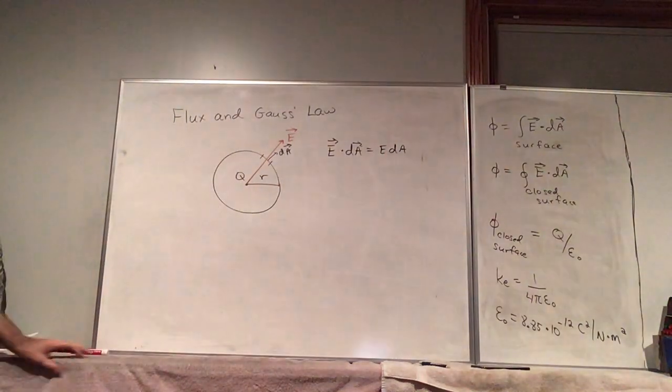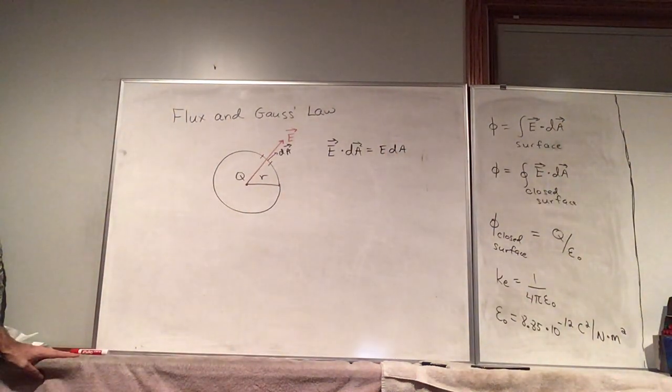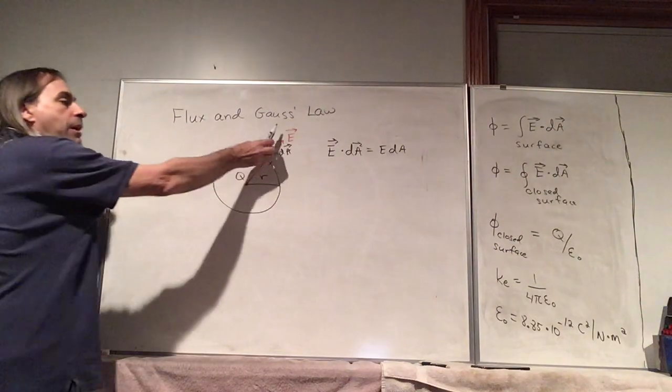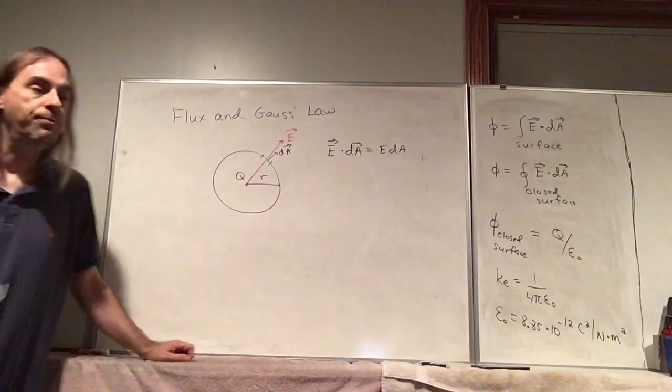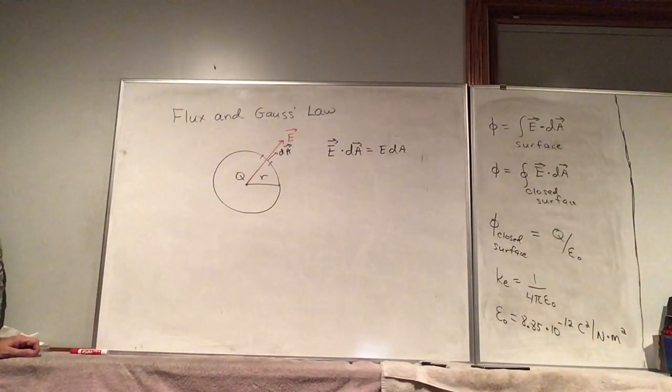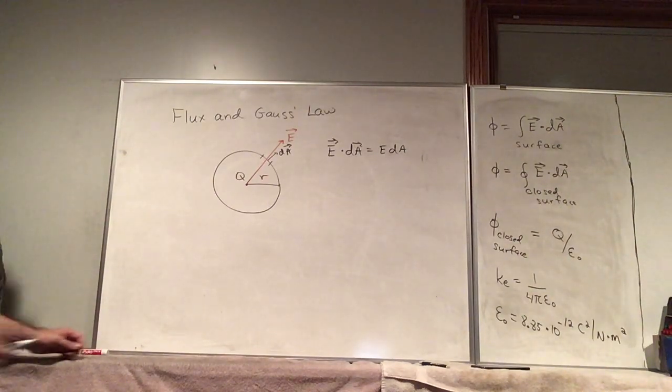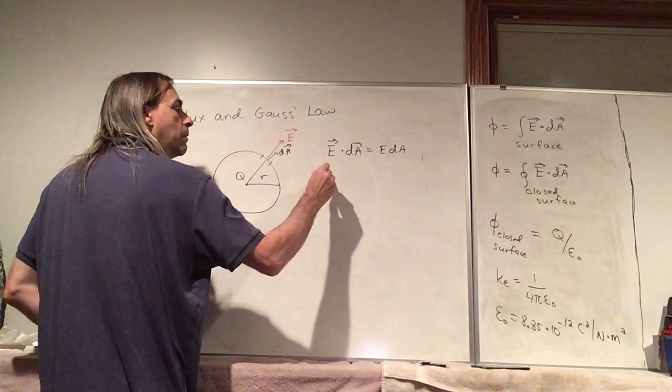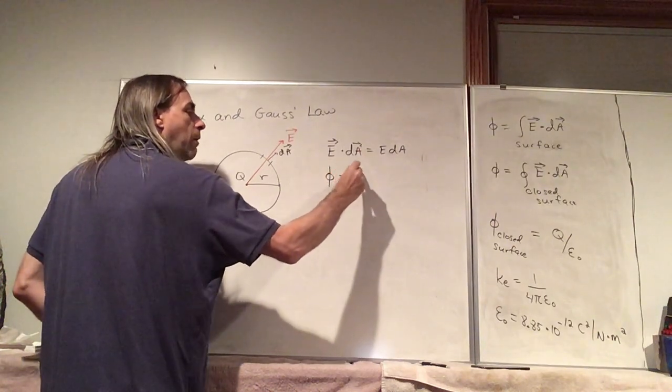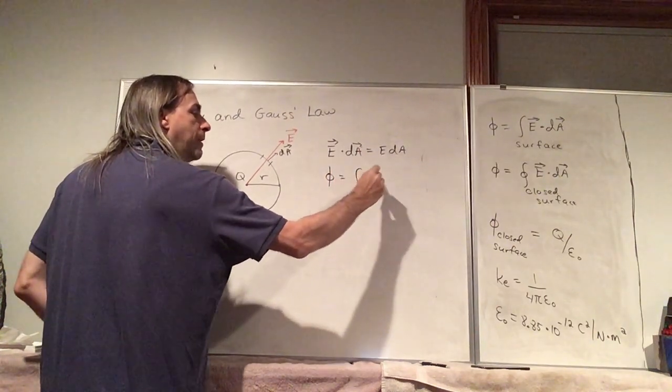We also have this cosine theta term, just the dot product. However, theta is the angle between the electric field and this area vector, and that is 0. They're parallel to each other. And cosine of 0 is 1. So our total flux is going to be the integral of E times dA.